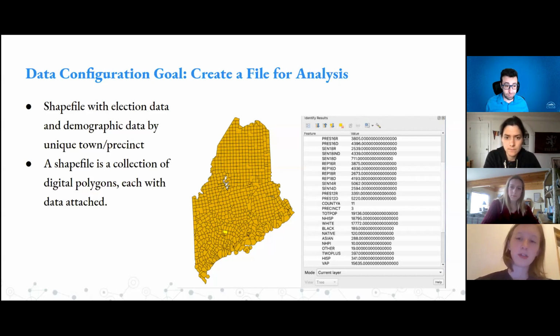And if you remember, the demographic data is reported by census blocks. So in a way, we needed that data to go up a level into precinct shapes, to attach individual census blocks to precincts.